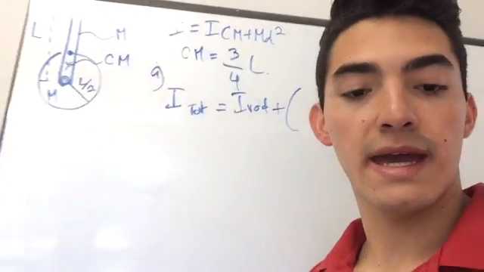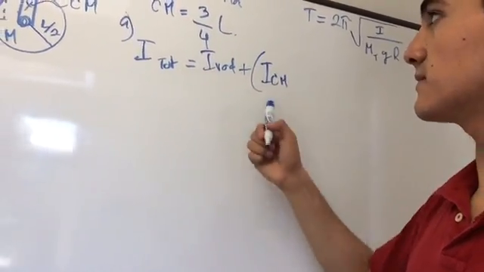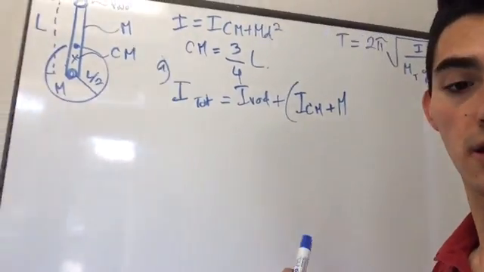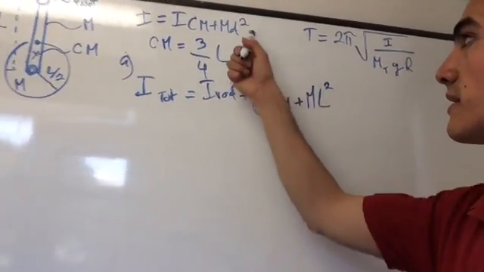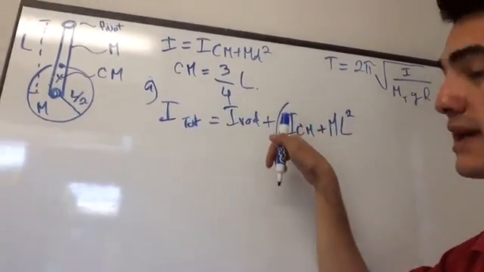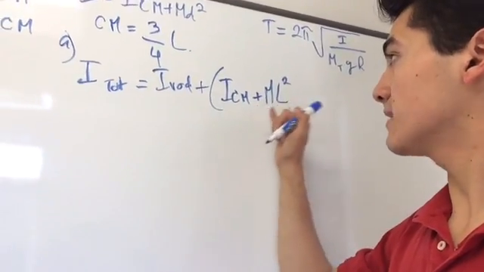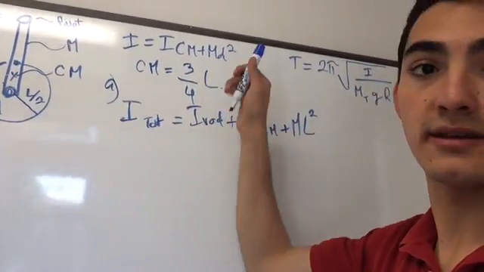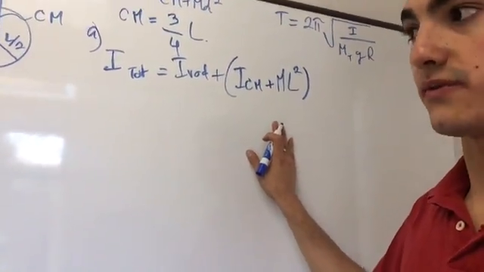The inertia of the sphere is divided in two: the inertia of the center of mass of the sphere, plus the mass times L squared, which is the distance squared. So we have the inertia here, and then we add the mass times the length squared. This part is from the rod and this is from the sphere.